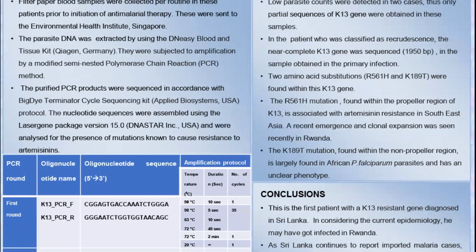Sir? Okay. Does this have implications for Sri Lanka, because we have eliminated malaria? We eliminated malaria and we now use artemisinin as first line. Does this have any implications for us? Should we be doing it for every malaria case?